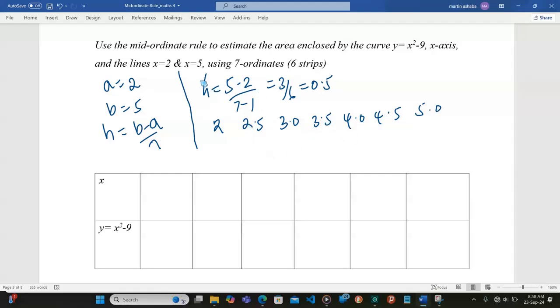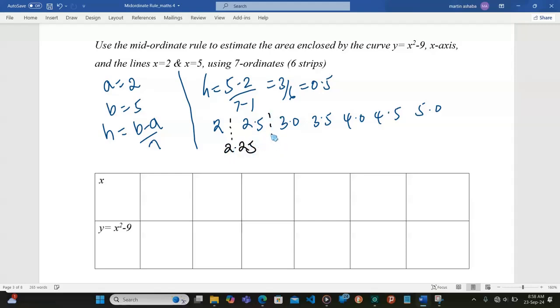Now, if we are using the mid-ordinate rule, we need to look for the midpoints of each sub-interval. For the first sub-interval, the midpoint of 2 and 2.5 is 2 plus 2.5 divided by 2, which gives us 2.25.